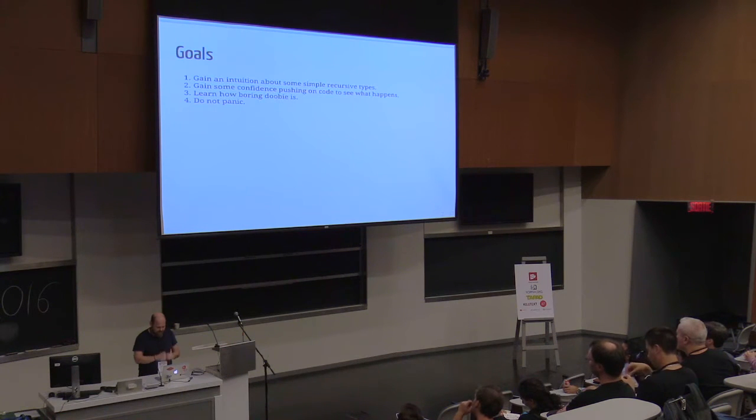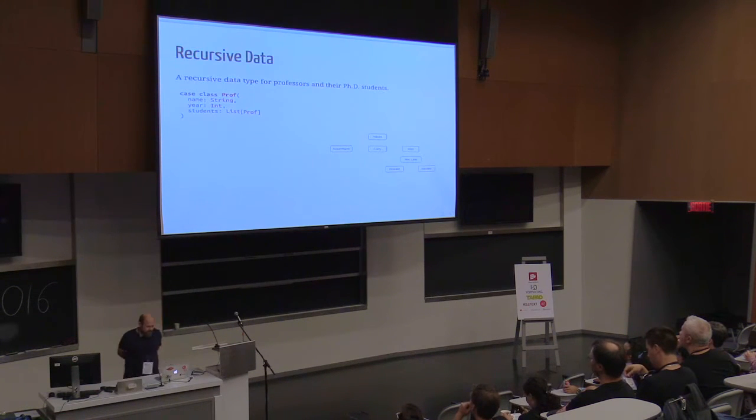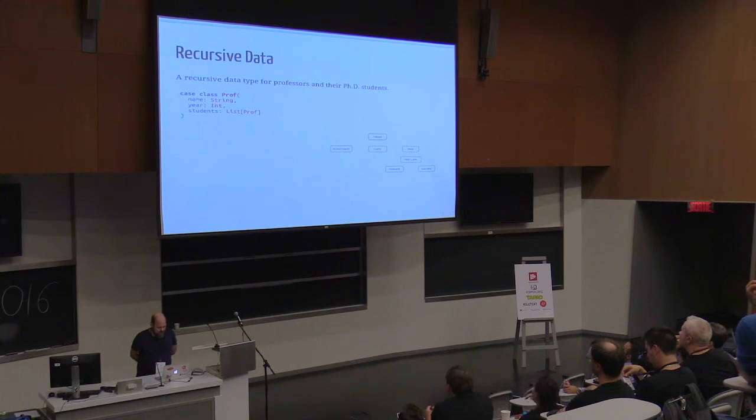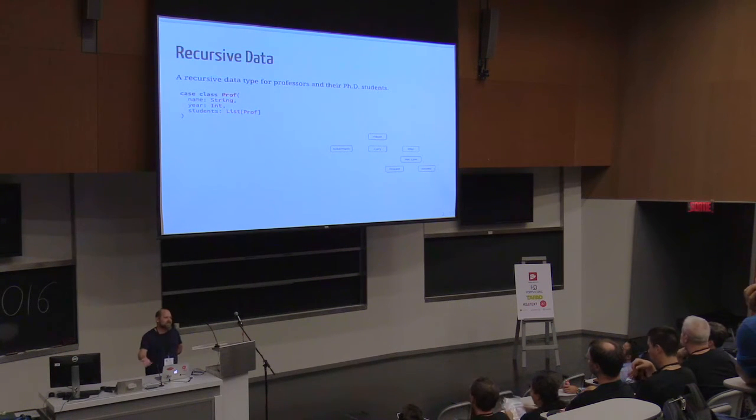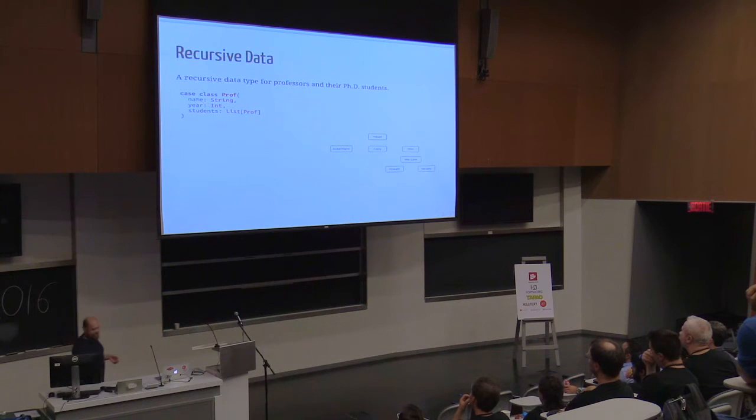All right, so let's look at a recursive data type. Here we have a data type for professors and their PhD students. So we have a case class. We've got a name, the year that person got their PhD, and their students, which is a list of other professors, right? So it's a self-referential structure.